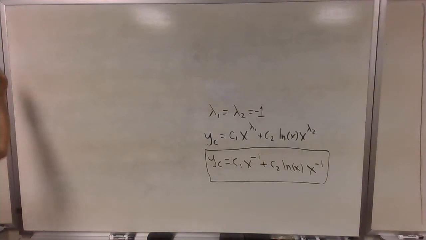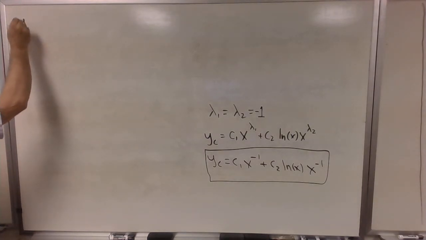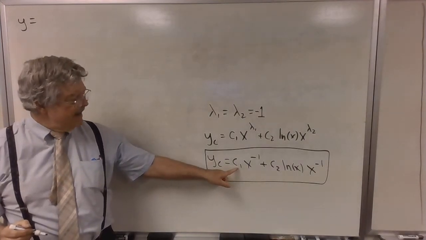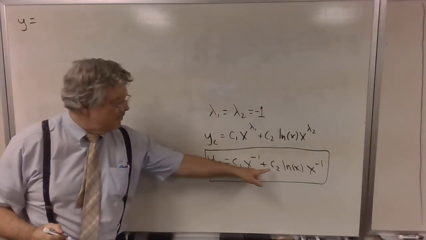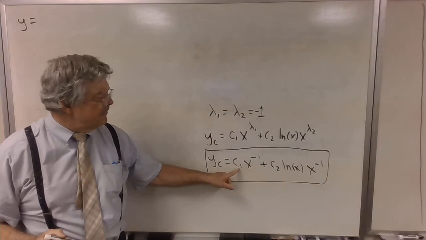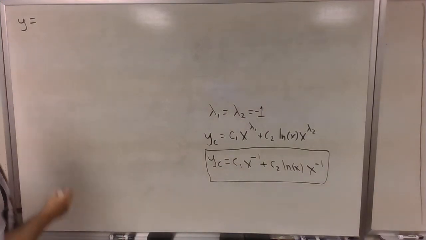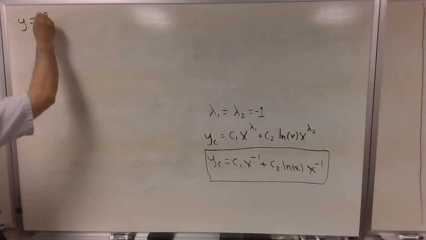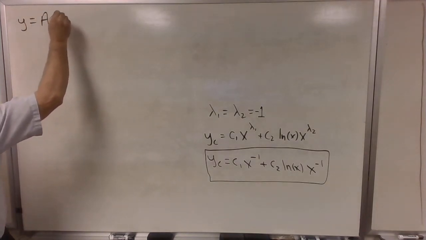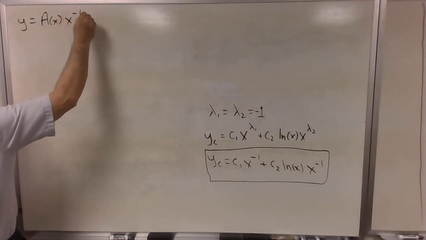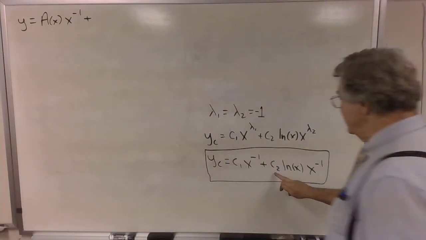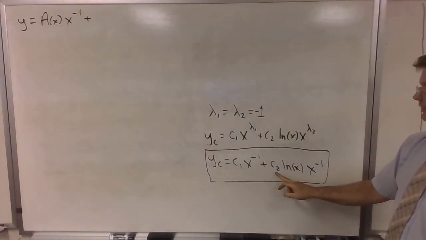To get our general solution, we essentially vary the parameters C1 and C2 and make functions out of them. So this C1 becomes A of x, and this C sub 2 becomes B of x.